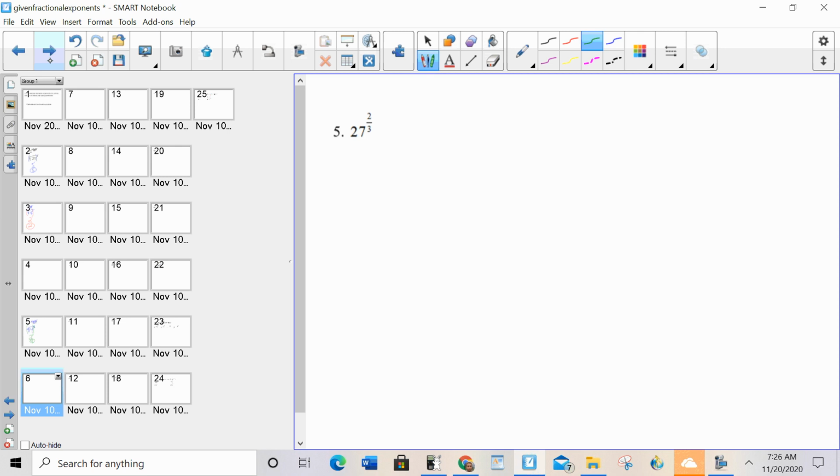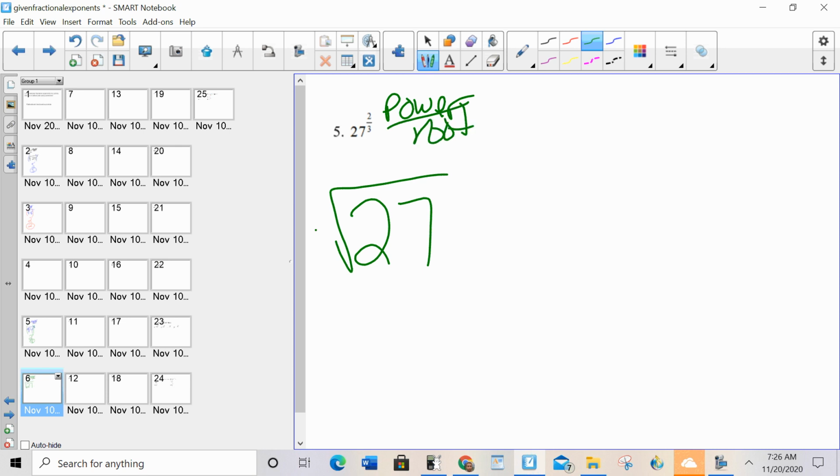Fractional exponents are radicals. So I make a radical. I put the 27 inside. It's always the power over the root. The root goes outside. The power goes inside. Now I'm going to start by evaluating the root. The cube root of 27 is 3.